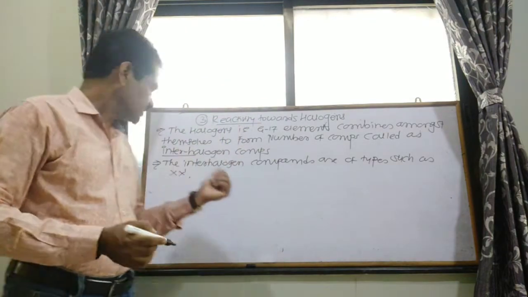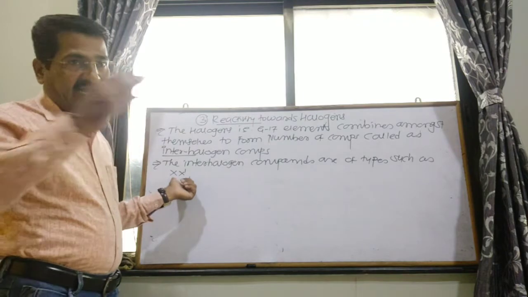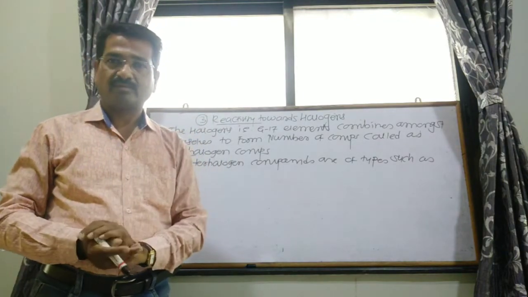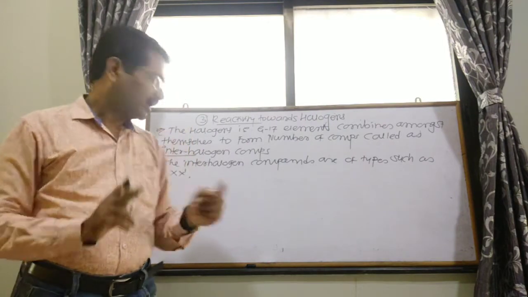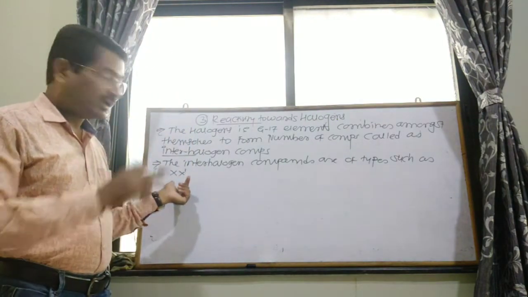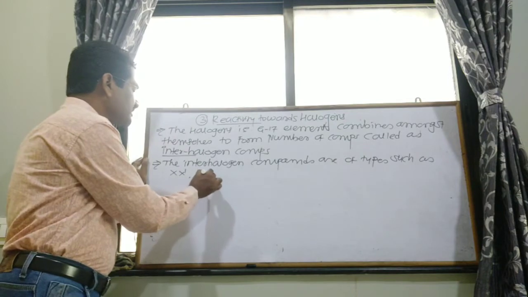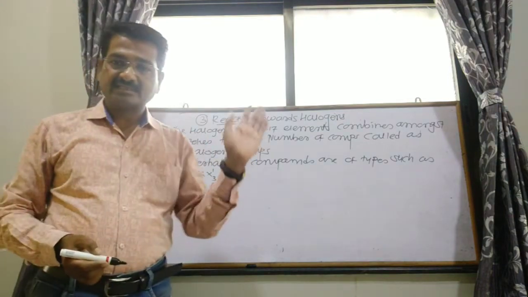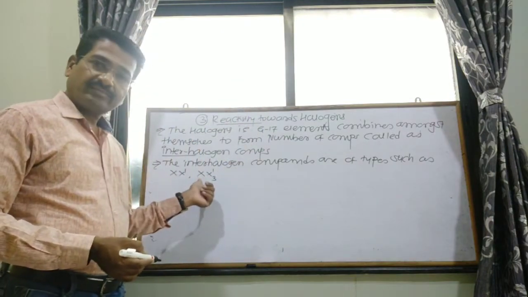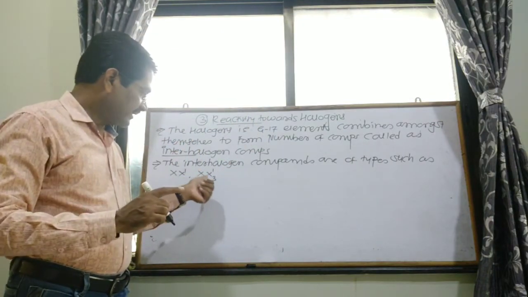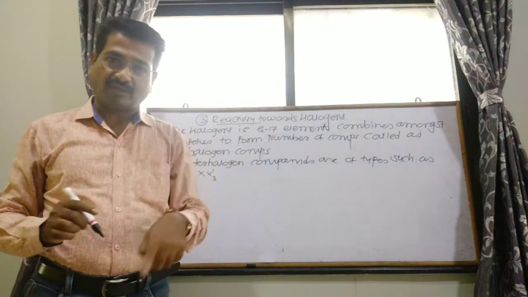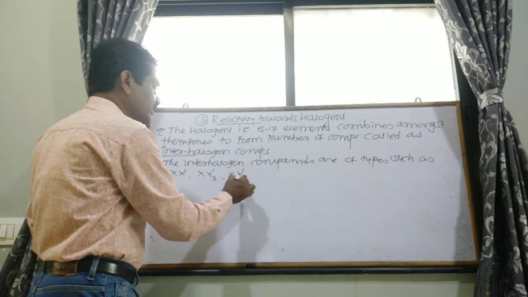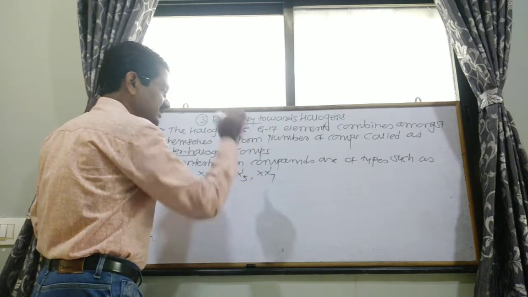In this compound, one halogen and another halogen react with each other in the 1:1 ratio, the same proportion, to form XX'. Then the next compound, XX'3. This indicates one halogen and 3 halogens, 1:3. Then another, XX'5, XX'7.